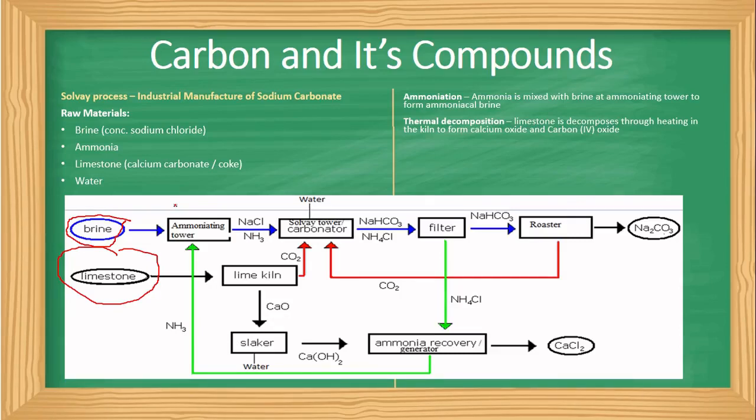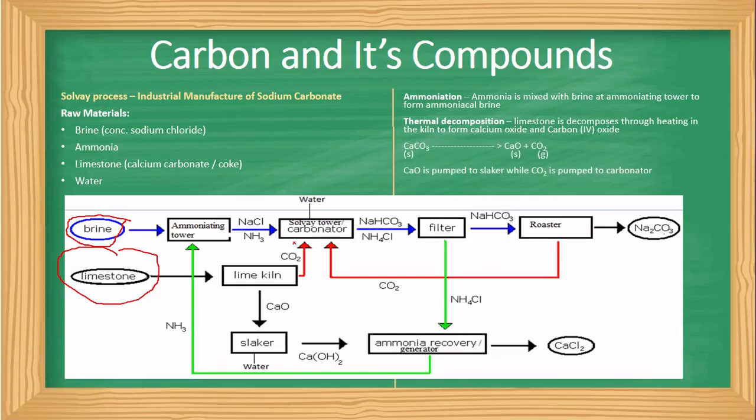Then there is a process called thermal decomposition. This happens at this chamber here called the kiln. In the kiln, the limestone that is coming in as a raw material is decomposed through heating to form calcium oxide and carbon dioxide. That process is called thermal decomposition.